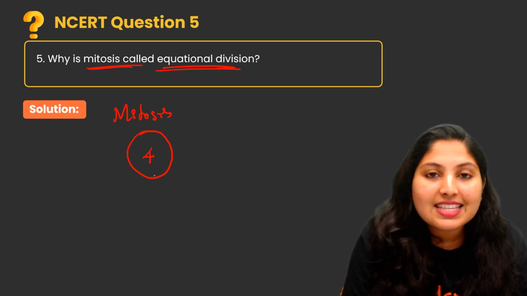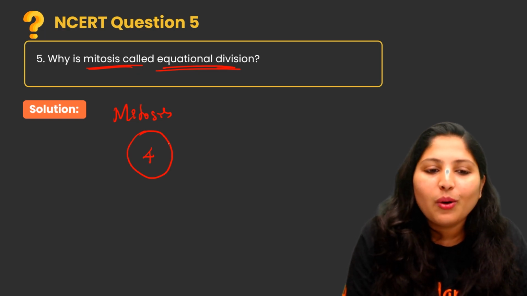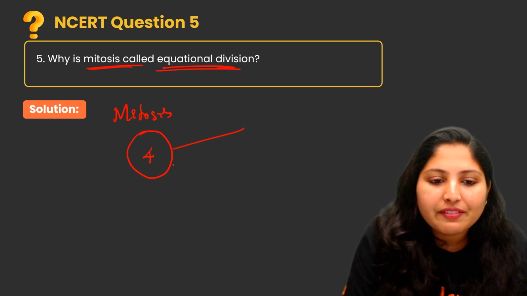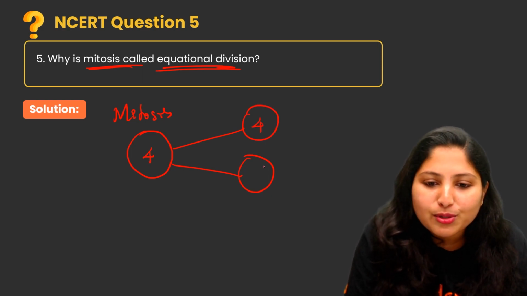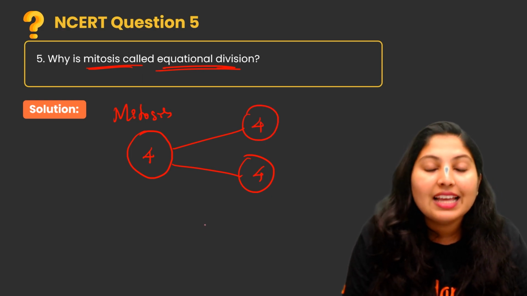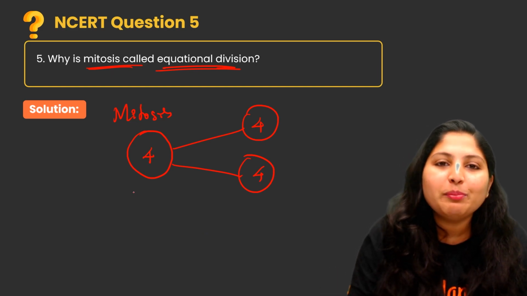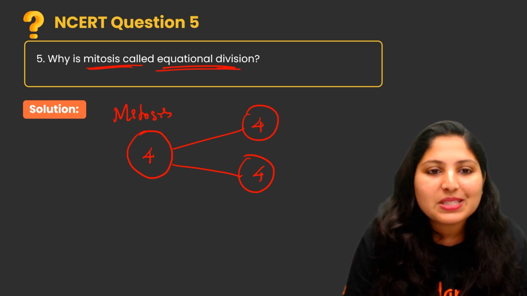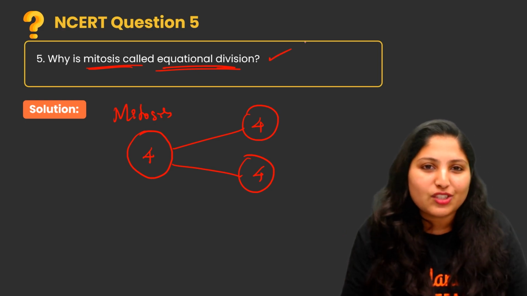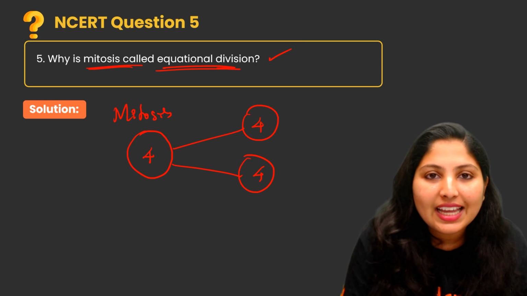This cell undergoes mitosis. At the end of mitosis, we get two cells containing 4 chromosomes each. That means there is no change in the chromosome number, and that is known as equational division. This happens only in mitosis.